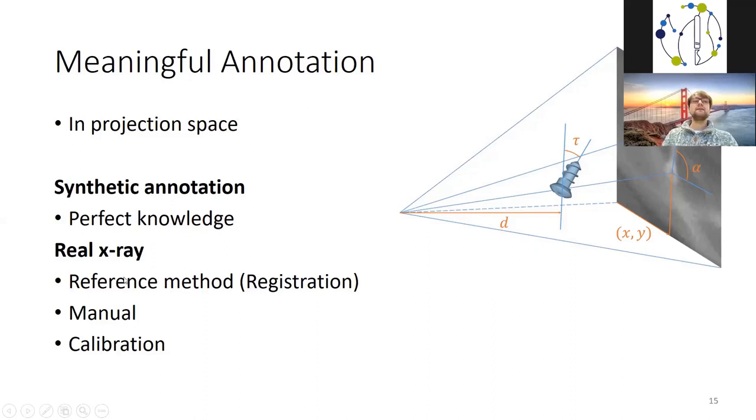But for real X-rays, it's difficult to find these values, and we have to contend with non-perfect annotation there. So this non-perfect annotation really makes the learning problem quite difficult as well. We'll go a bit into this in the future as well.